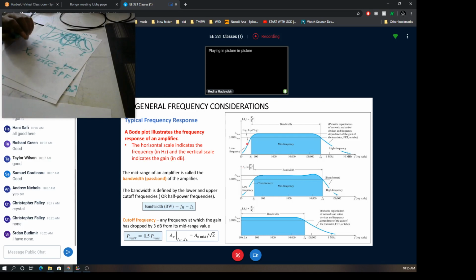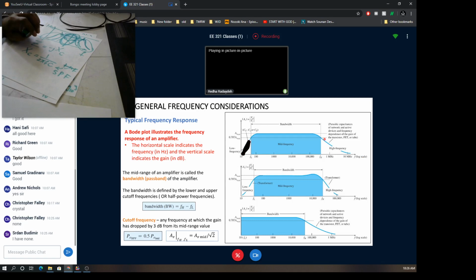The first figure shows us the voltage gain magnitude, which is the ratio of the output voltage to the input voltage magnitude. There are three regions: the mid-band region, where we define the bandwidth of that amplifier; the low frequency region here to the left, and the high frequency region here.